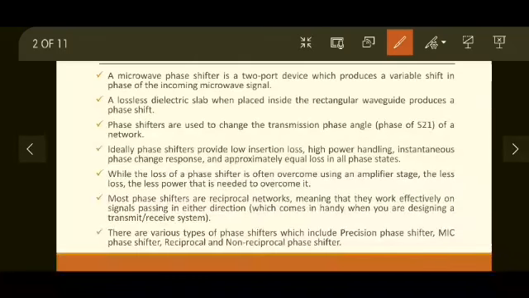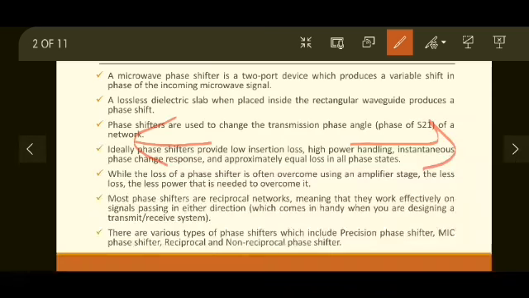If we are using a receiver system, then the microwave signal comes inwards into the microwave communication circuit. So if you are designing a transceiver, that means transmitter and receiver, you should have a phase shifter which is able to provide the same phase shift in both inwards as well as outwards directions.